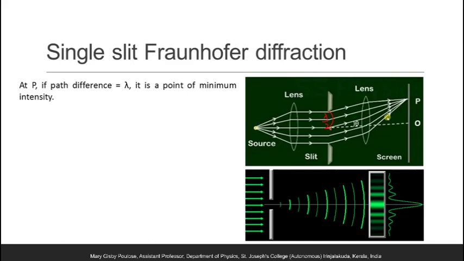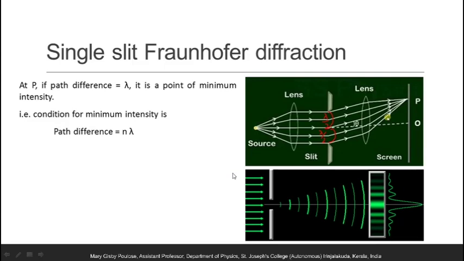And the second set of rays passing through the slit, let them have a path difference of lambda by 2 among themselves. Now when these sets of rays travel through this medium and reach the point P, the total path difference will be lambda by 2 plus lambda by 2, that is lambda. That is, the first set of rays will cancel out the second set of rays, and hence P becomes a point of minimum intensity.